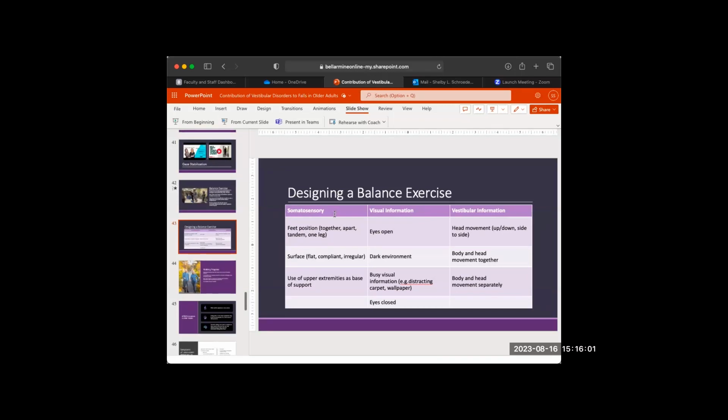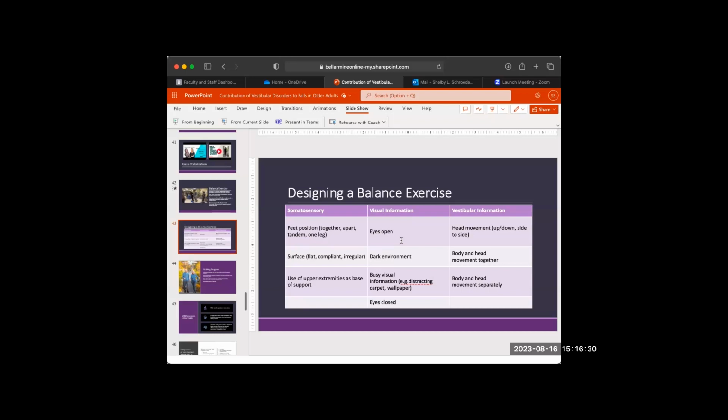Okay, so the somatosensory system, or the feeling on the bottom of the feet, we can alter when we're designing a balance exercise program. The wider the base of support, the easier it is. The more stable the surface, the easier it is. Visually, having the eyes open would be the easiest. Putting the patient in the dark would be harder.